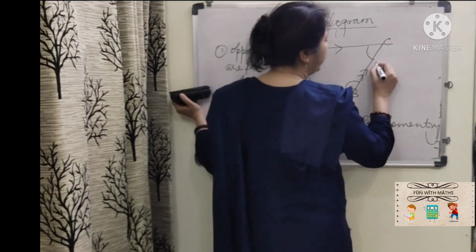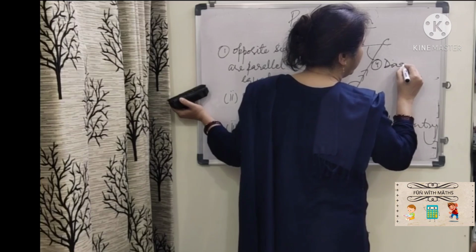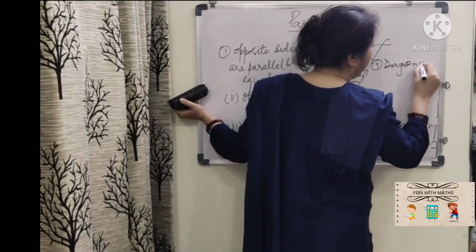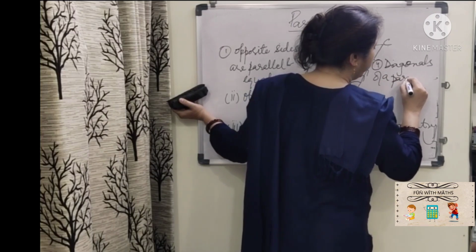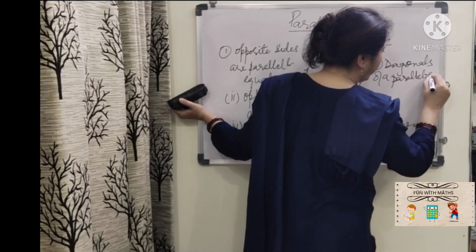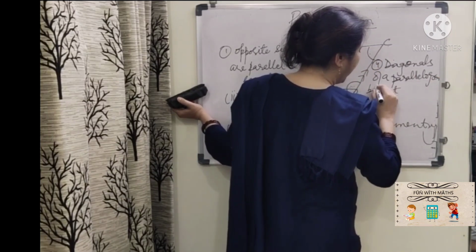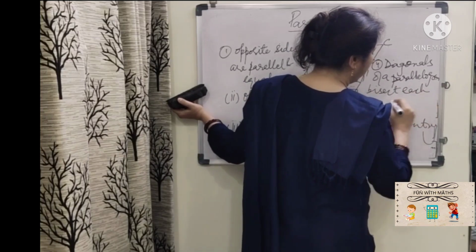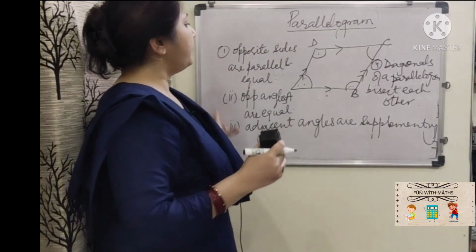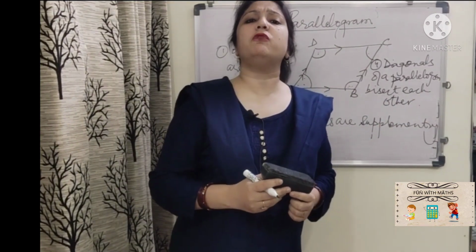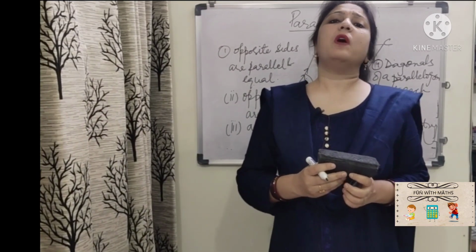And the fourth one is the diagonal property, that diagonals of this parallelogram bisect each other. These are the properties of the parallelogram which we will be proving with the help of congruency one by one.